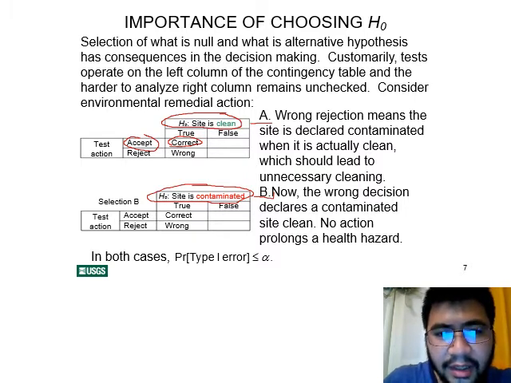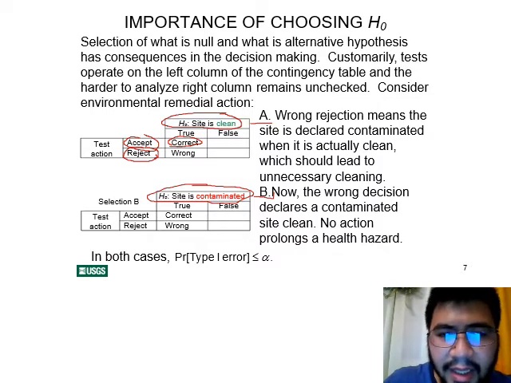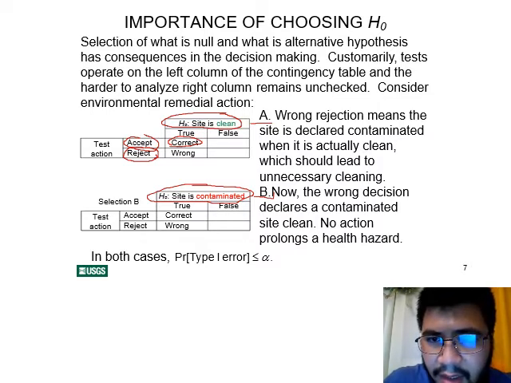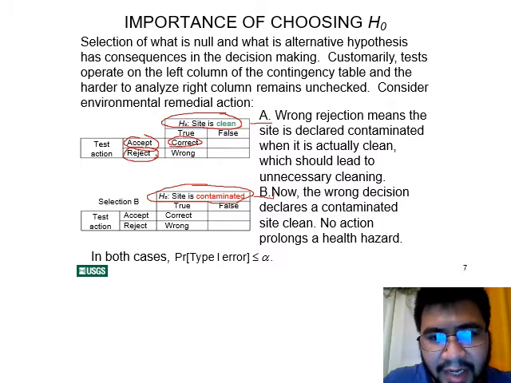The other possible outcome is where we reject the null hypothesis. So we say that the site is not clean, and in there we have a 5% chance that the site is actually clean.